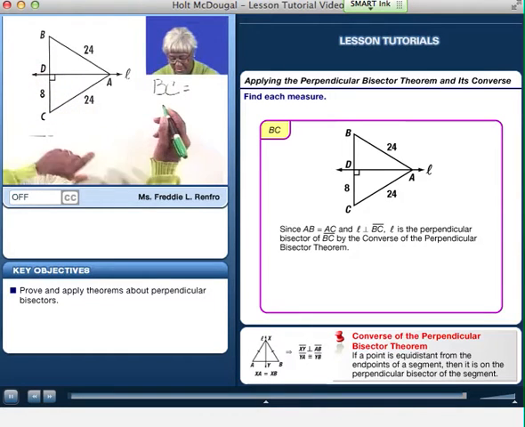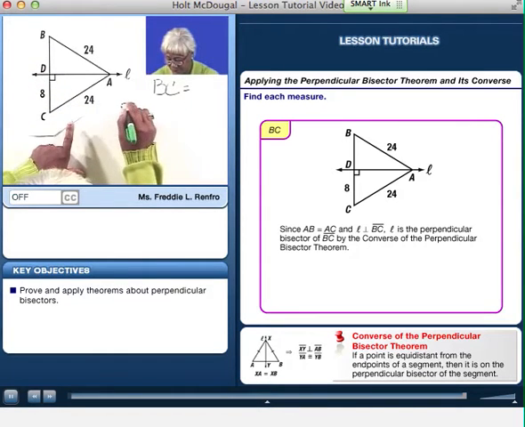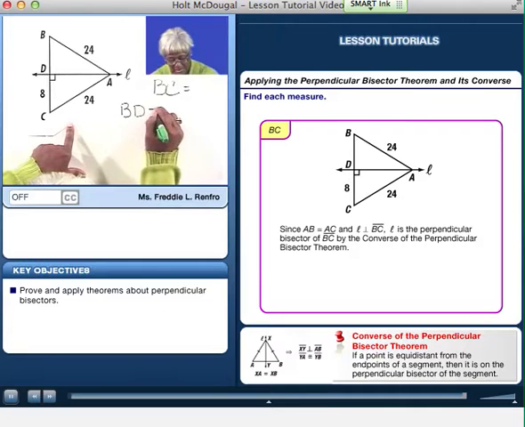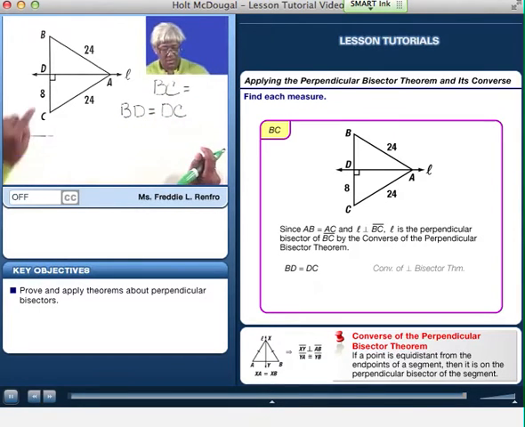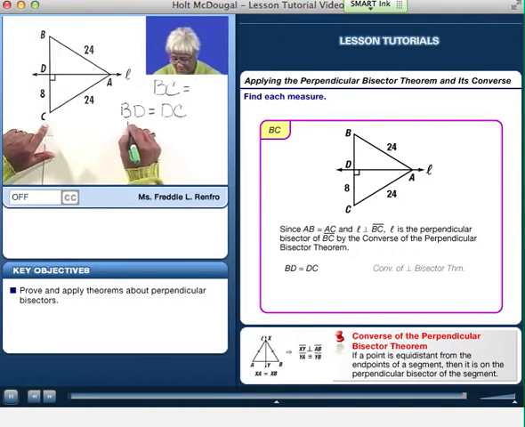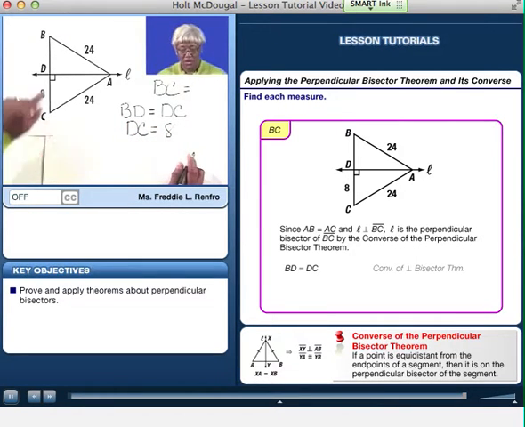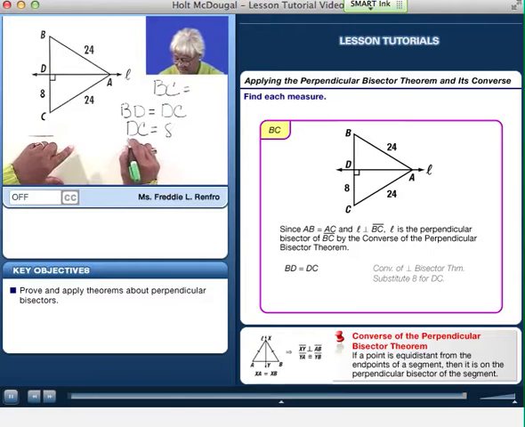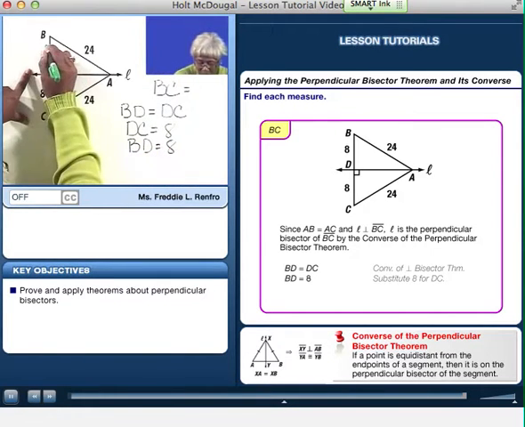We know that BD is equal to DC. Well, I can see that we're given that DC is 8, so what's BD? BD is equal to 8. I'm going to go ahead and write 8.